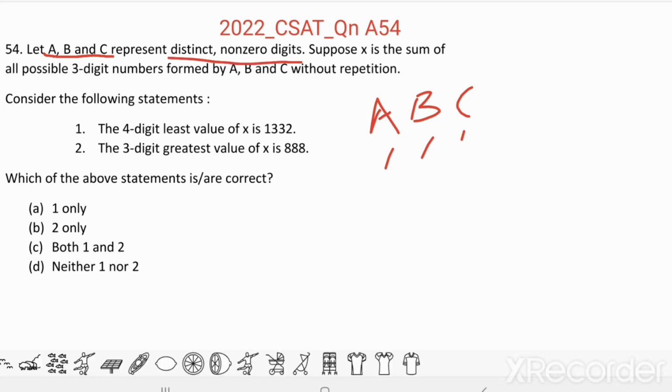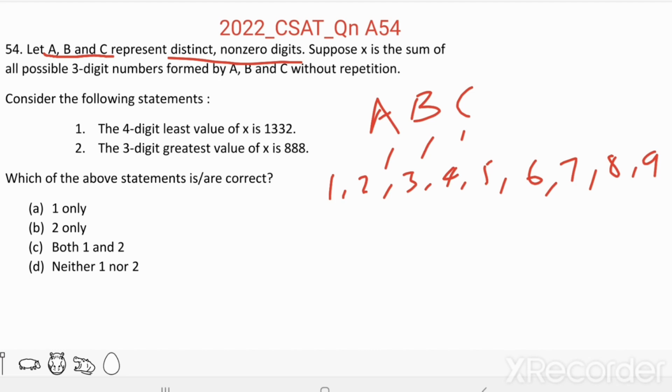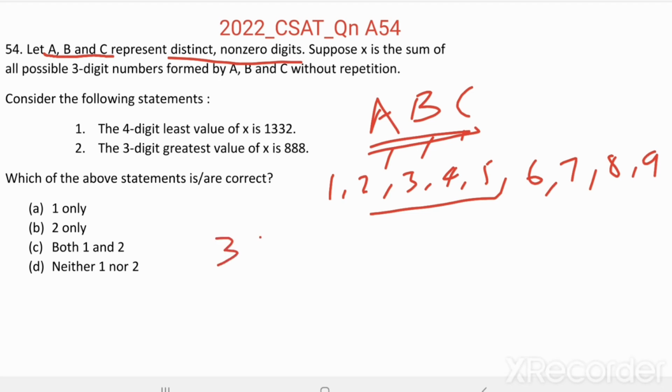So non-zero digits are 1, 2, 3, 4, 5, 6, 7, 8, 9. Then you can choose 3 numbers from these and form 3-digit numbers. Suppose I am choosing 3, 4, 5. Then I can form 3, 5, 4.